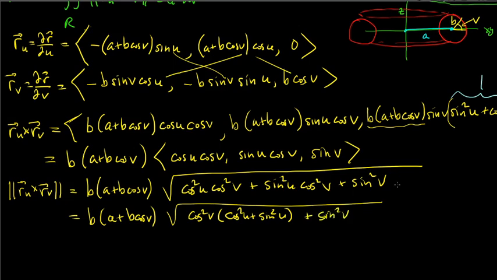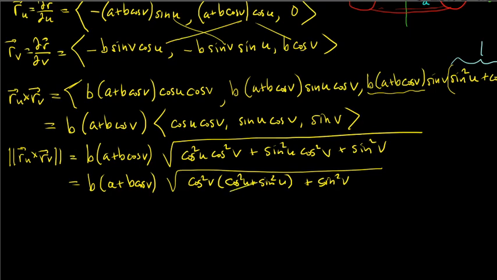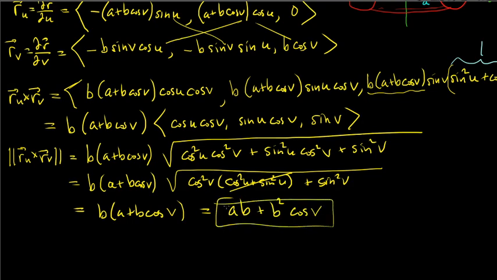But then you get cosine squared v plus sine squared v, which is also 1. So sure enough, this is just b times a plus b cosine v, right, times the square root of 1, which is 1. And that v looks a little like a u, right? So in the end, we get ab plus b squared times the cosine of v. Make that a v. Right.